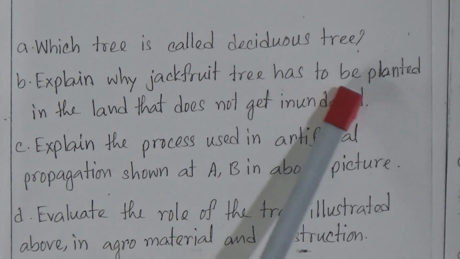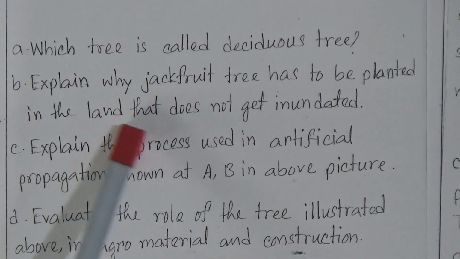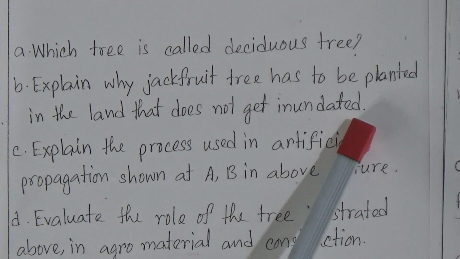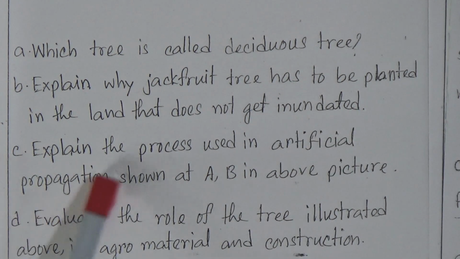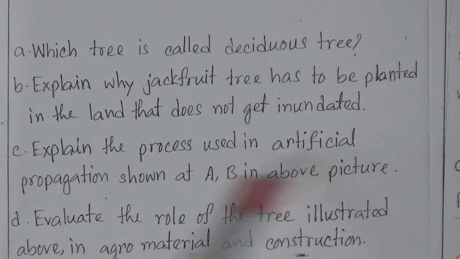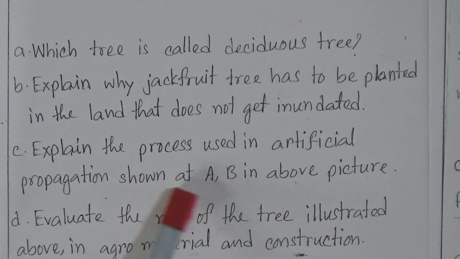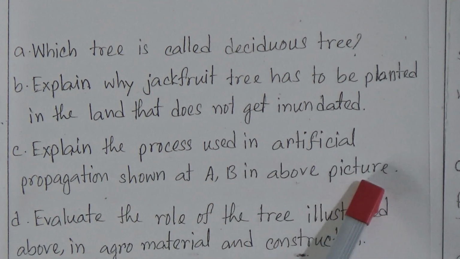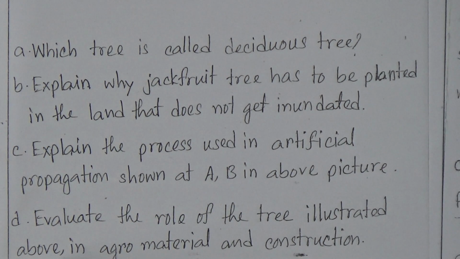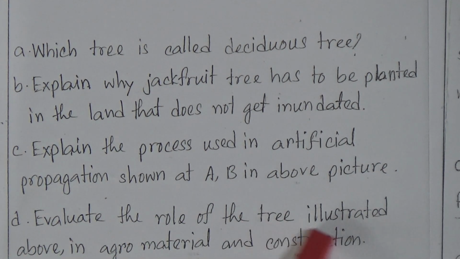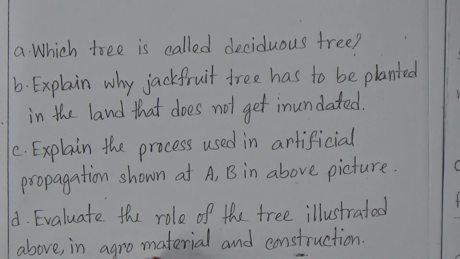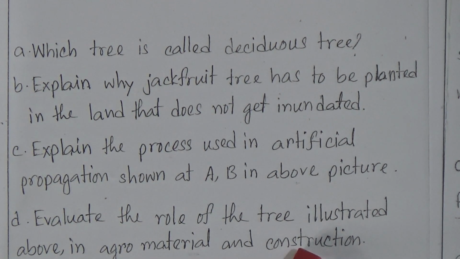Number B, explain why jackfruit tree has to be planted in the land that does not get inundated. Number C, explain the process used in artificial propagation shown at A, B in above picture. Number D, evaluate the role of the tree illustrated above in agro material and construction.